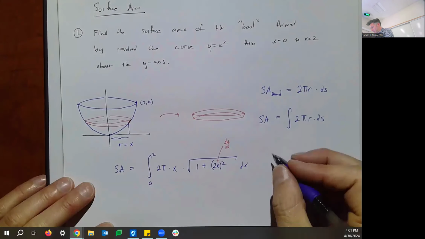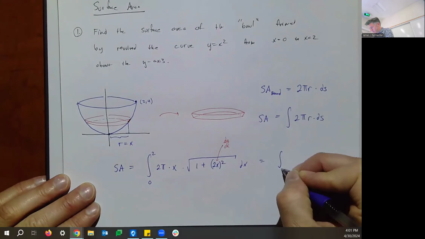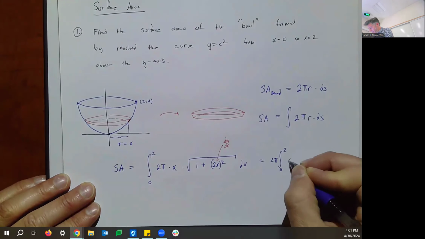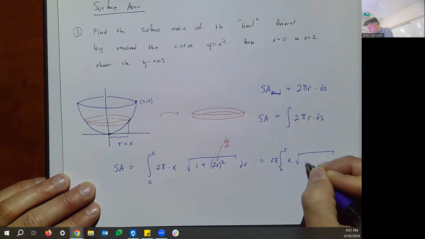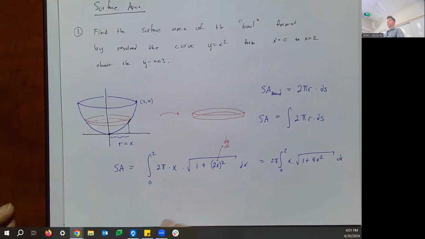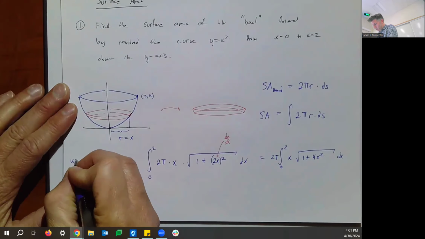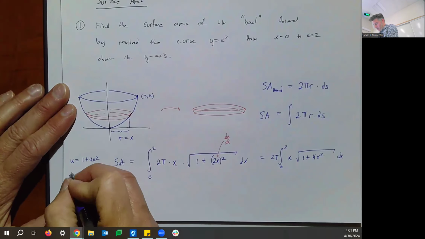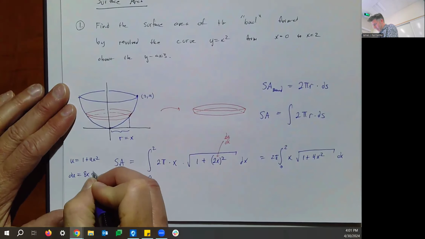And then this problem is not terrible. It's the integral from 0 to 2 of 2 pi times x times the square root of 1 plus 4x squared. And we can definitely do a u substitution. So we can let u equal 1 plus 4x squared. Or du is 8x times dx.